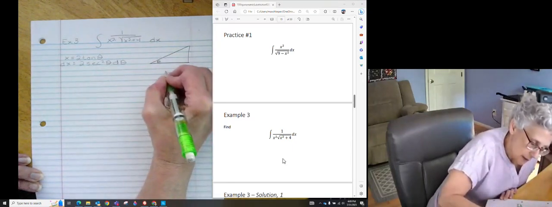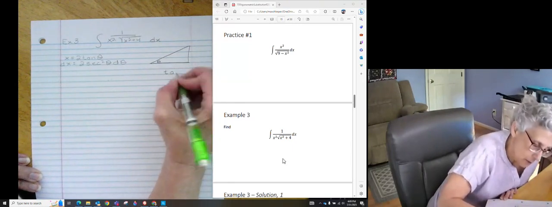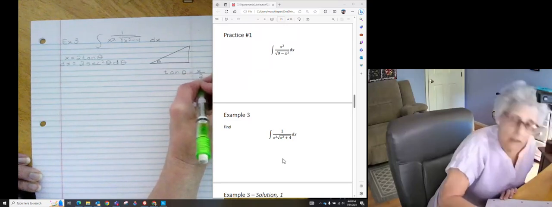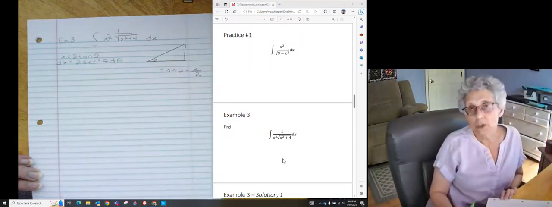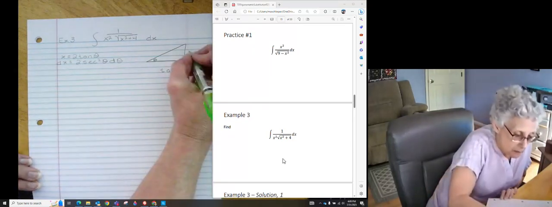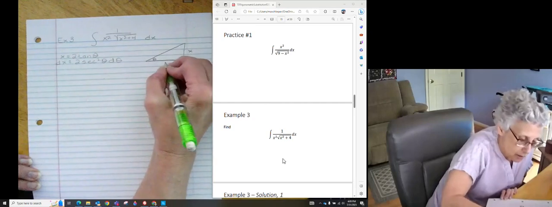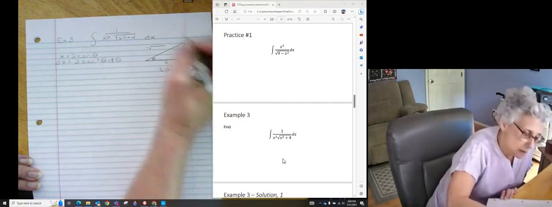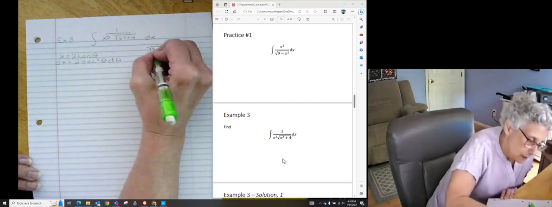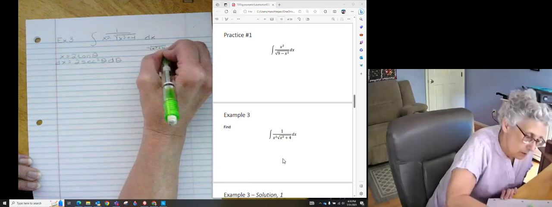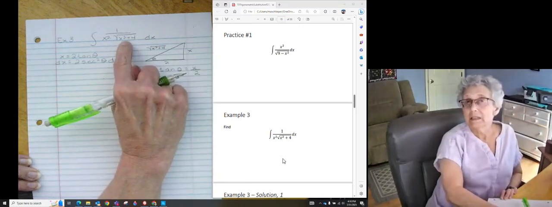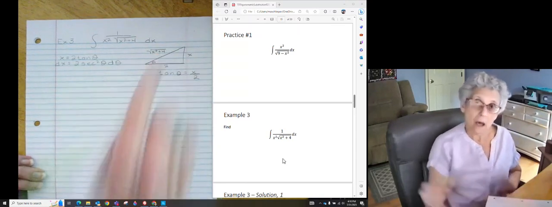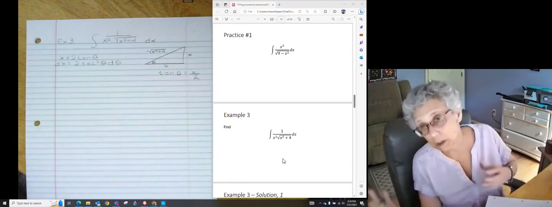And since x is equal to 2 tangent of theta, tangent of theta is equal to x over 2. Opposite over adjacent. So the other side is the square root of x squared plus 2 squared, and you notice that's what we have in our integral. So your missing side is always what you have in your integral.